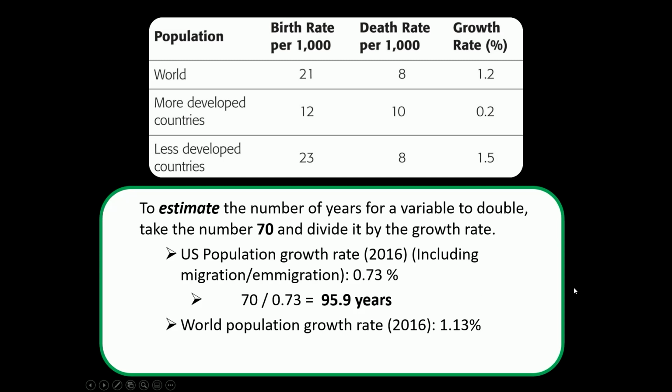And it is about 61.9 years for the global population to double, to go from 7.9 billion to effectively 16 billion, or very close to 16 billion. And that is a lot less manageable.